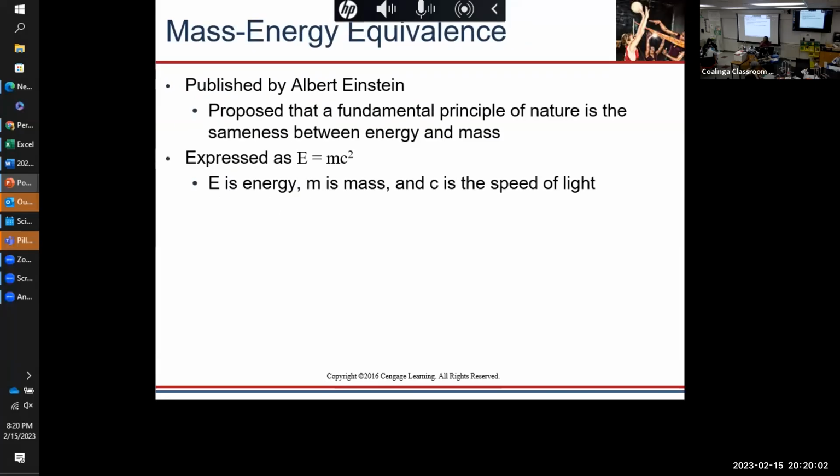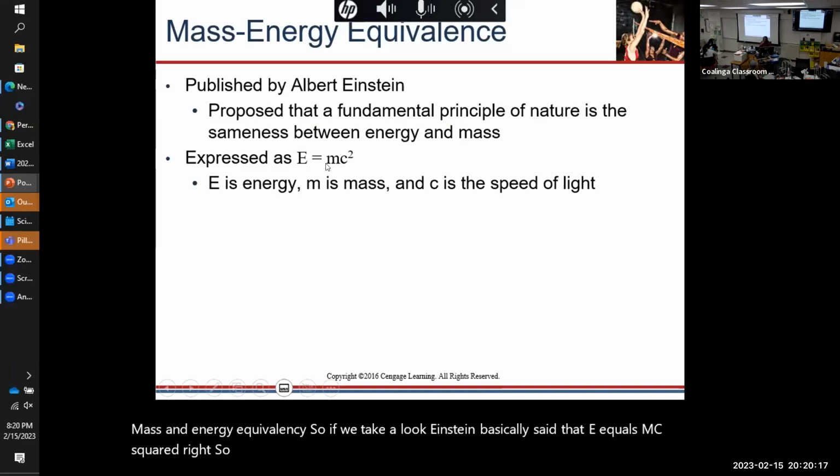Okay, so now mass and energy equivalency. Einstein basically said that E equals mc squared, where E represents energy, m represents mass, and c represents the speed of light.